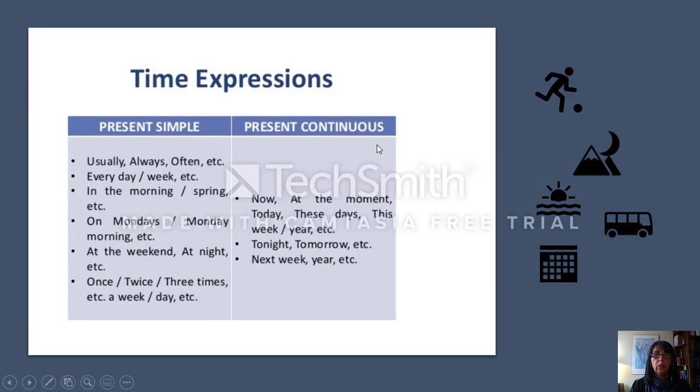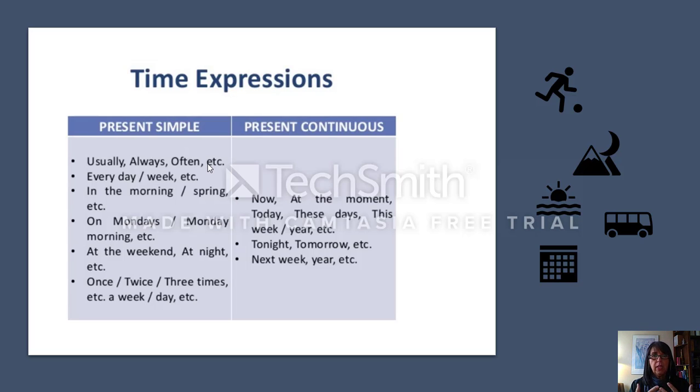Now, we have some time expressions for this. We have, for the present simple first, usually, always, often. If you observe these words, you will remember that these are frequency adverbs that we revised also in this unit, and they go from zero probability of something happening to 100% certainty of something happening.